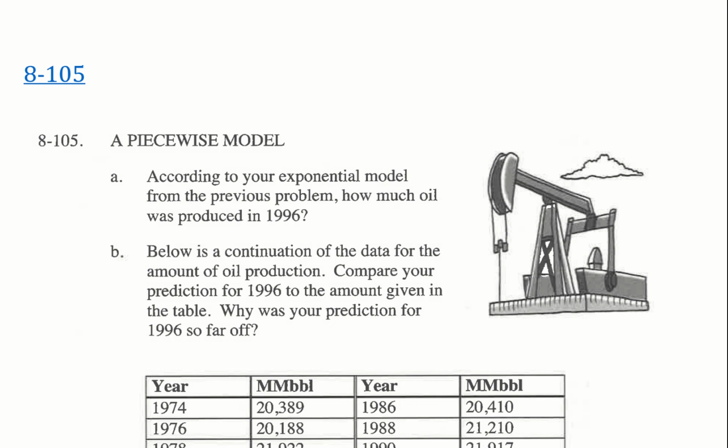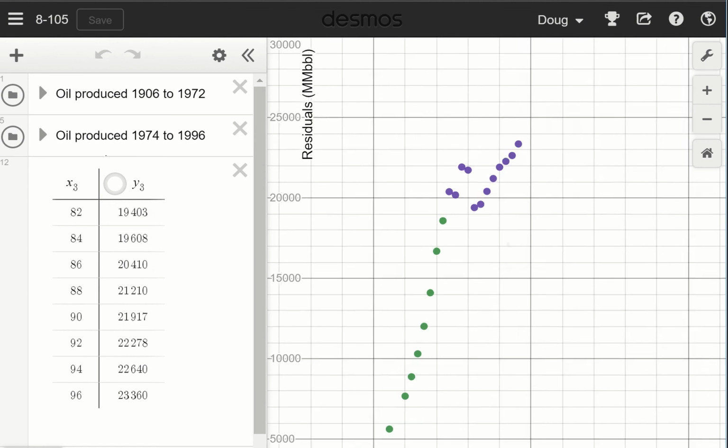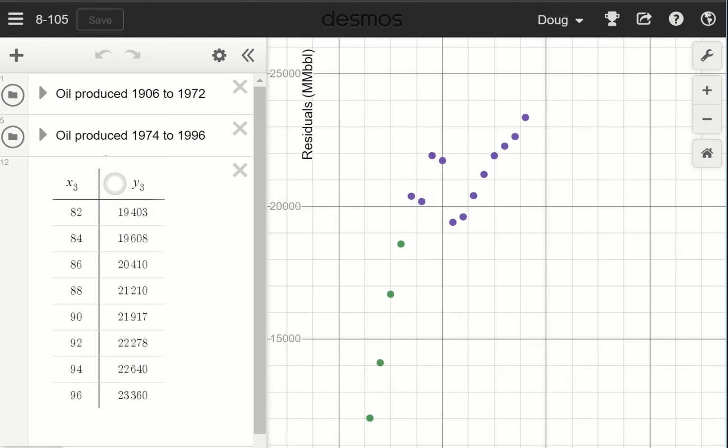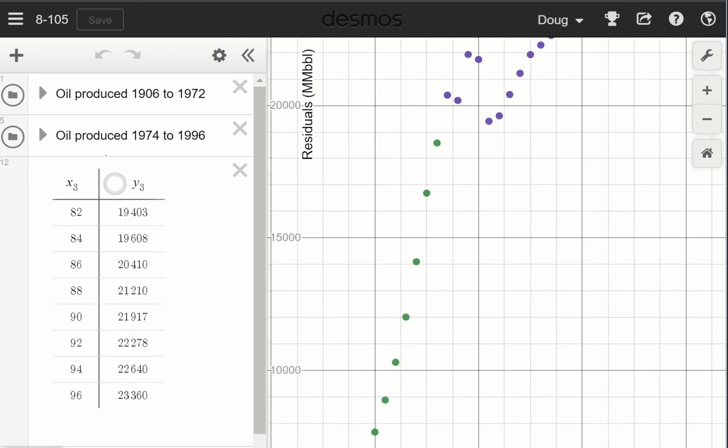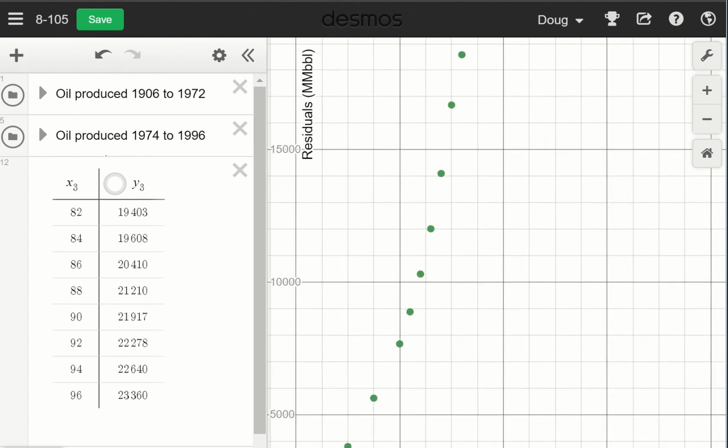The idea here is that sometimes when you come up with a nice model, the model makes good predictions for a while, and then the predictions are not so good. And if I was to look at this data, to give you an idea here, so this is our original data, and you can see something happened, and basically the production was going, and then all of a sudden it kind of plummeted around the year 1980.